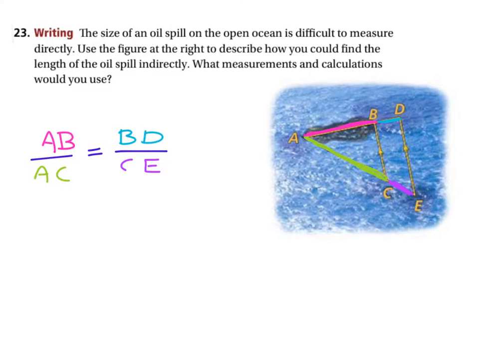Okay, so that's the proportion you would set up. AB is to AC as BD is to CE. You're going from this side on this triangle to this side on the triangle, this segment to this matching segment over here.